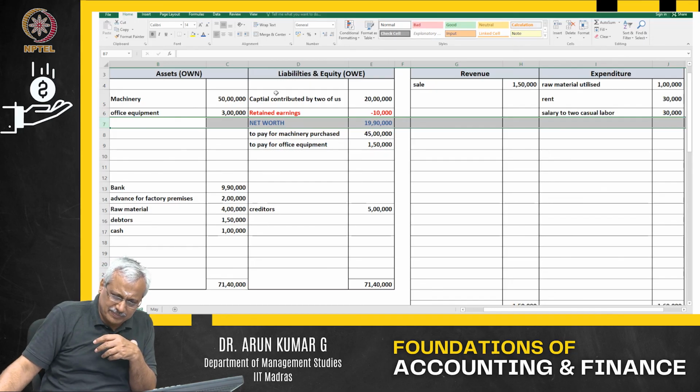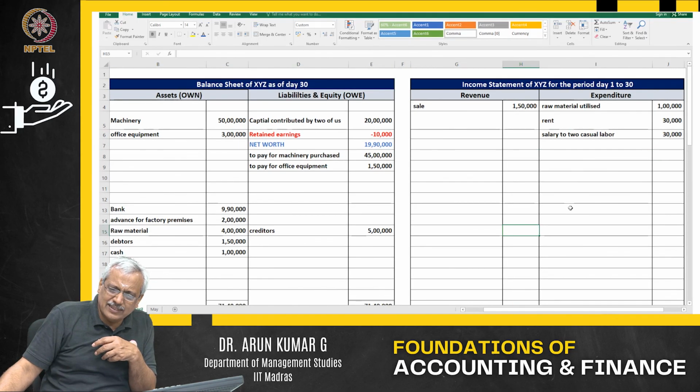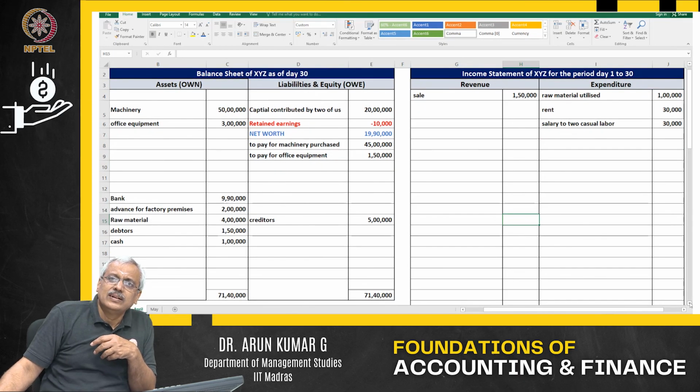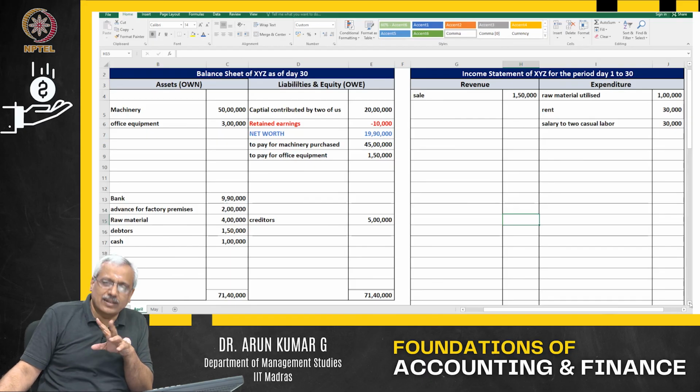Now imagine on day 30, you have a sudden windfall gain. Suddenly there is one order, and let us say you use about 50,000 worth of raw material and sell the product for 75,000 cash, or money received immediately in the bank account.